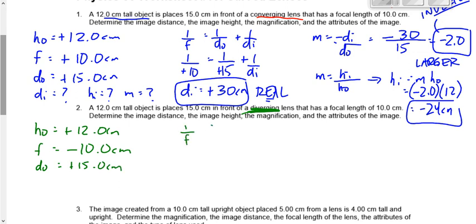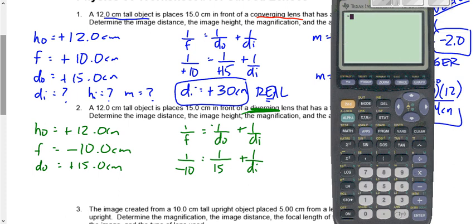1 over F is equal to 1 over DO plus 1 over DI. 1 over F is 1 over negative 10. 1 over 15 plus 1 over DI. Is this not going to be the same as the other one? Isn't it going to just be opposite, negative 30? No, it isn't. Let's pull out the calculator again.